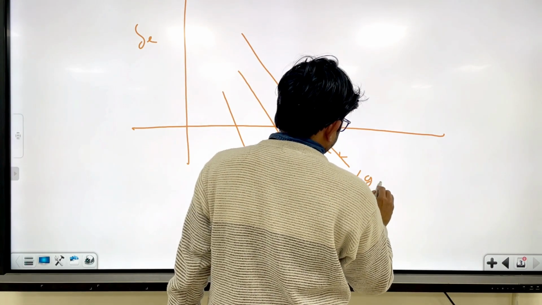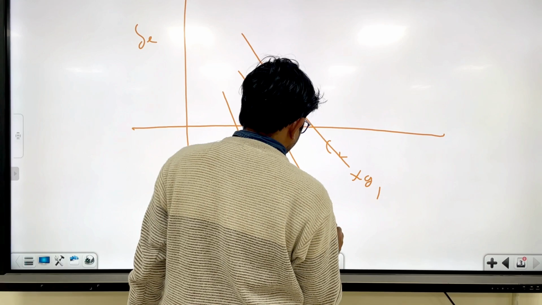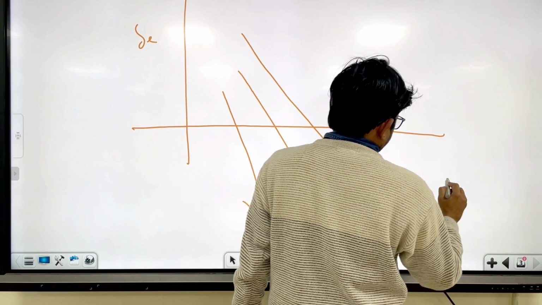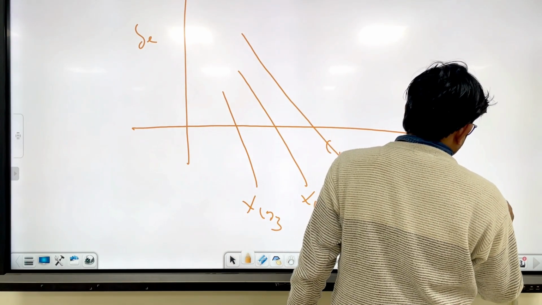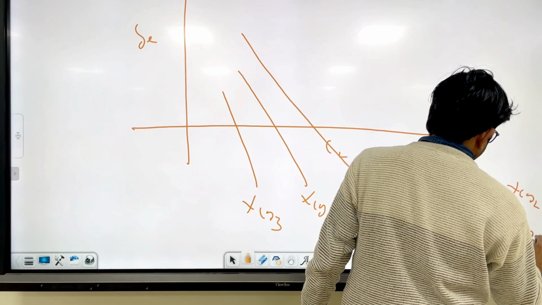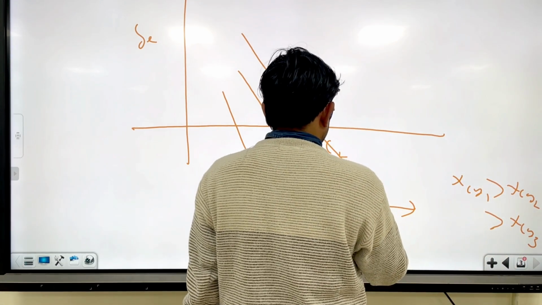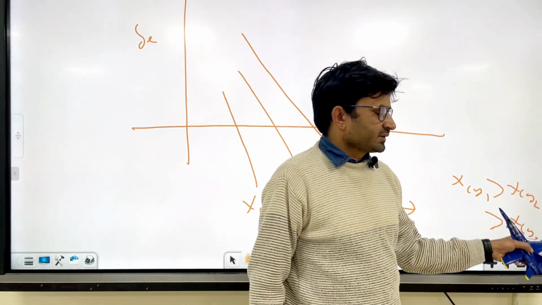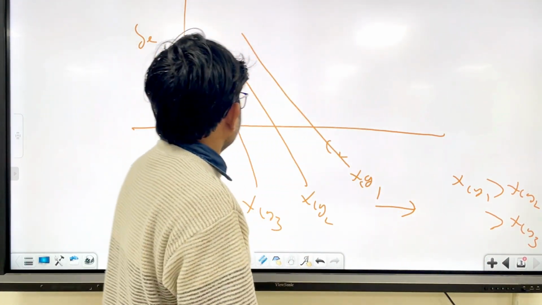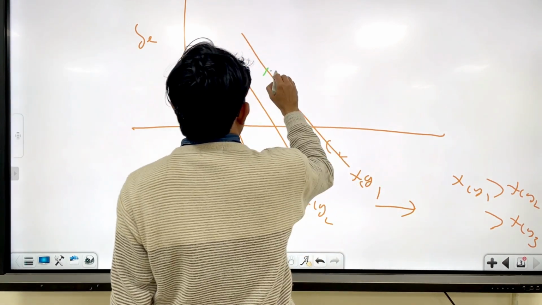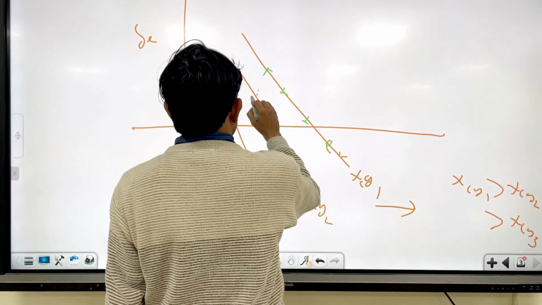Let's say this is xcg1, this is xcg2, and this is xcg3, where xcg1 will be greater than xcg2 and greater than xcg3. Let's say if it is 0.5, this will be 0.3, this will be 0.2. So you will have this type of graph. These are the data.